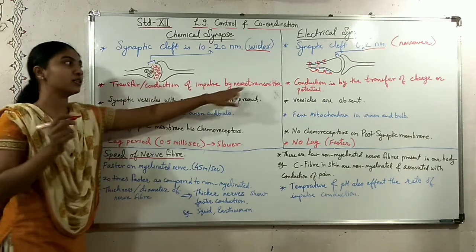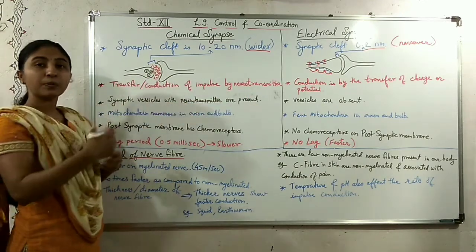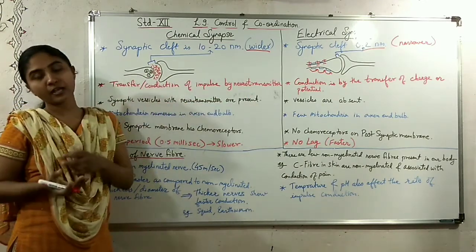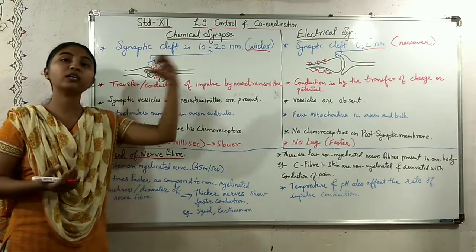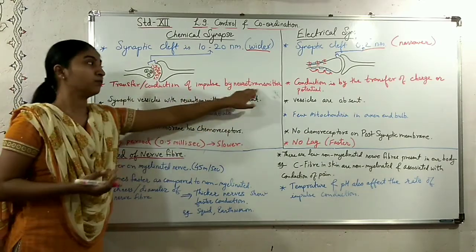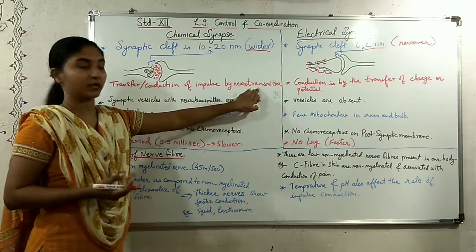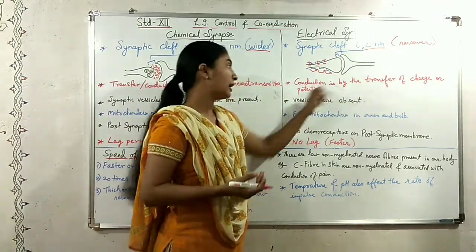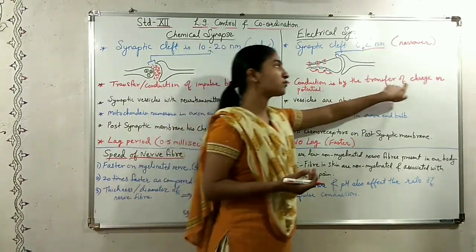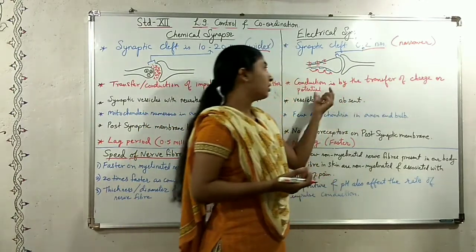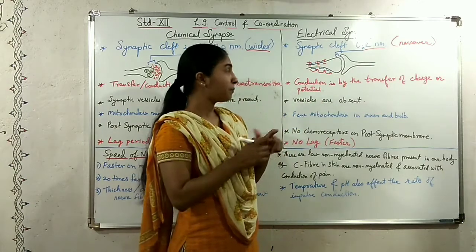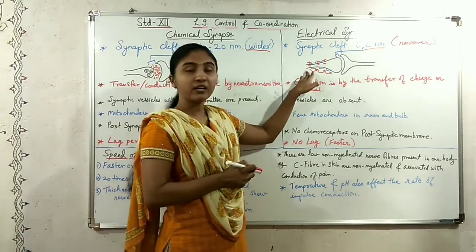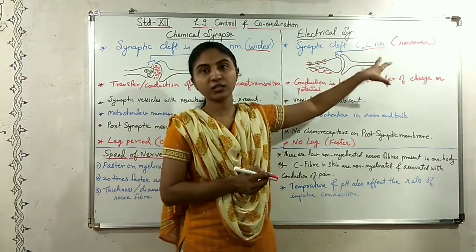This chemical is the neurotransmitter, and the impulse is transmitted from the axon end bulb of one neuron to the dendrite of another neuron with the help of this chemical. Whereas in the electrical synapse, the conduction is done by transfer of the charge or potential from one node of Ranvier to another node of Ranvier.